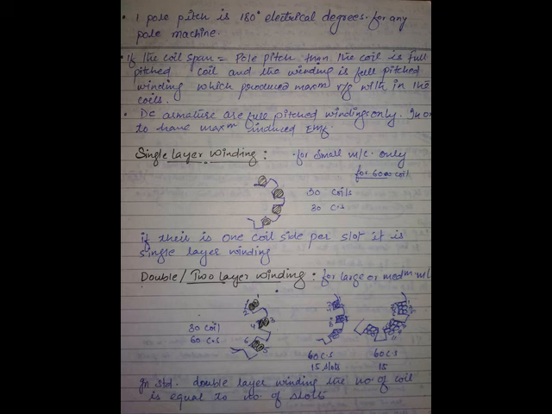Multiplicity factor m is equal to 2. Similarly, 3 sets, m is equal to 3, triplex winding. Similarly, 4 sets, quadruplex.